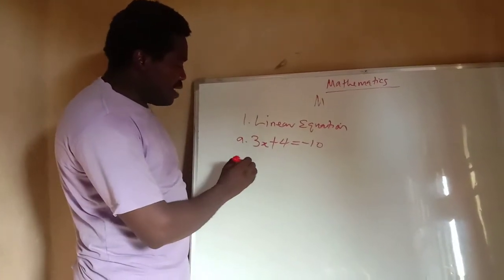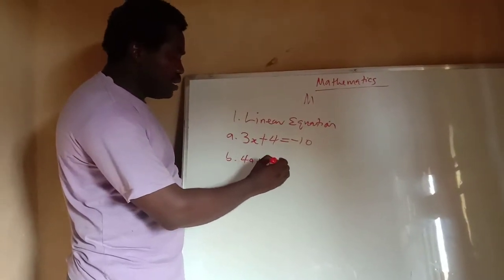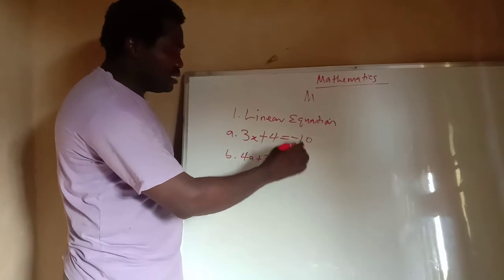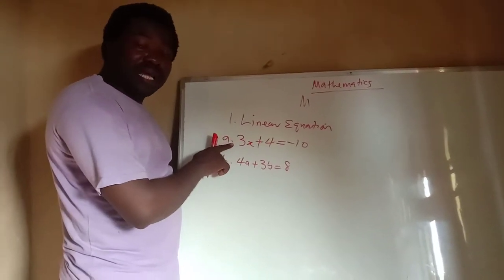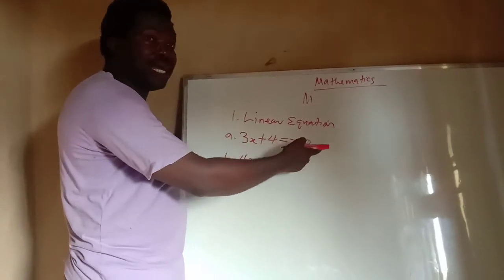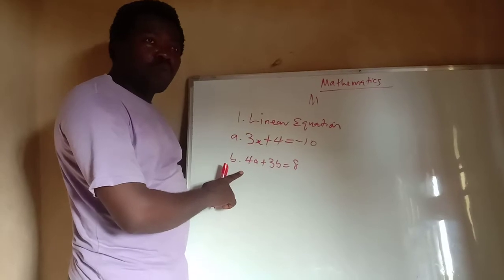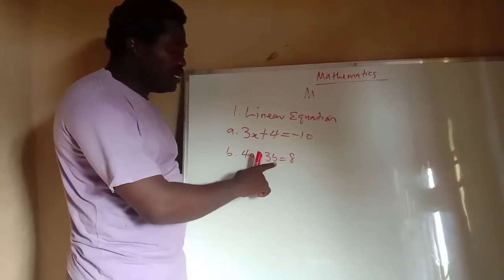Another example is when we have something like 4a plus 3b equals to 8. In this number one example, we have one unknown. The equation is linear. In this number two example, we have two unknowns, 4a plus 3b equals to 8.